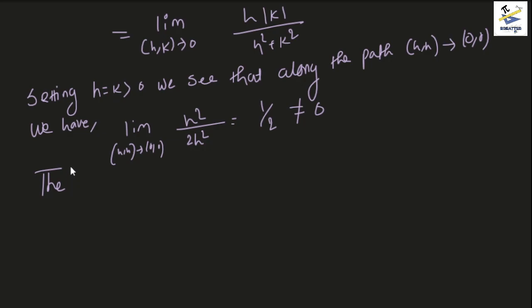So we can conclude that the limit does not exist and the derivative does not exist, so it's not differentiable at 0 comma 0.